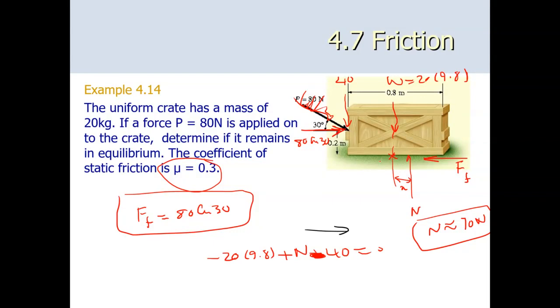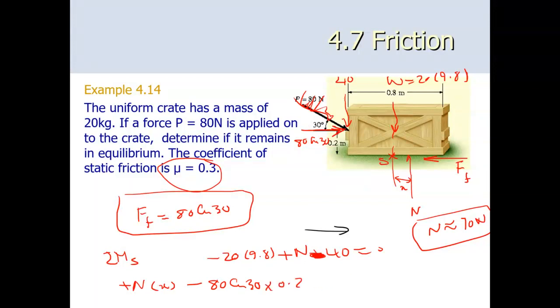I call this point S. So if I take net rotation with respect to point S, W doesn't make any rotation, friction force doesn't make any rotation, so the normal force times x, that is a positive rotation, N times x plus, and the other rotation is 80 cos 30 with the arm of rotation of 0.2, and that is a negative rotation, minus 80 cos 30 times 0.2.